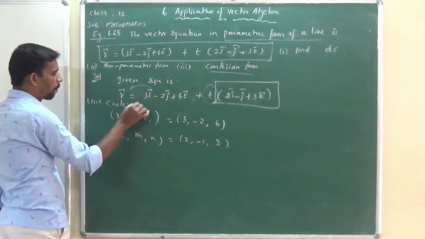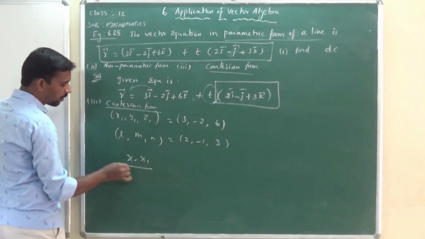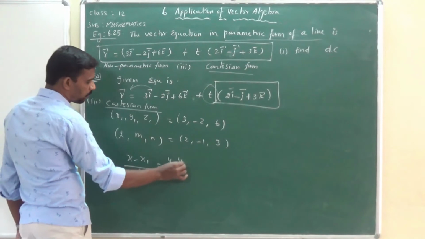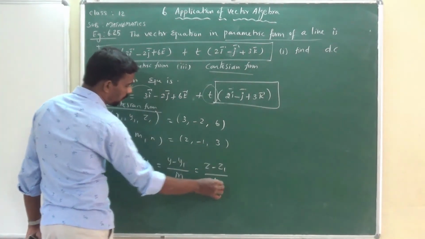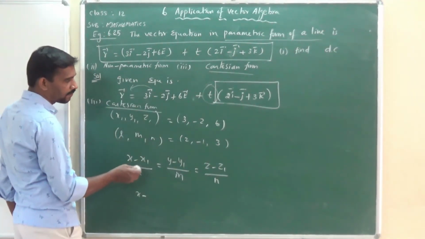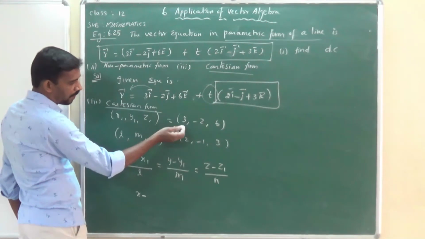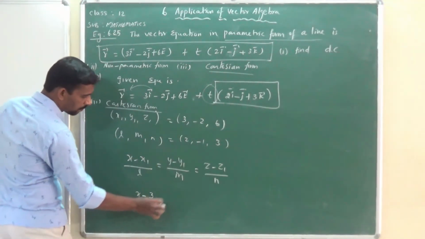Cartesian form: x minus x1 divided by l, y minus y1 divided by m, z minus z1 divided by n. Just substitute the values x1, y1, z1 and l, m, n here. X minus 3 divided by, what is the value of l? 2.